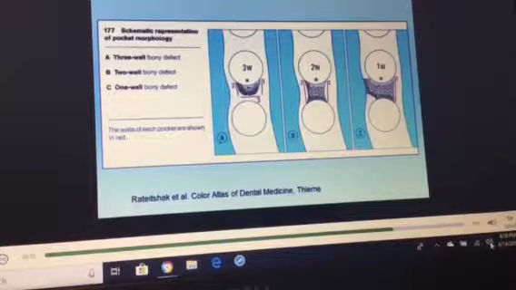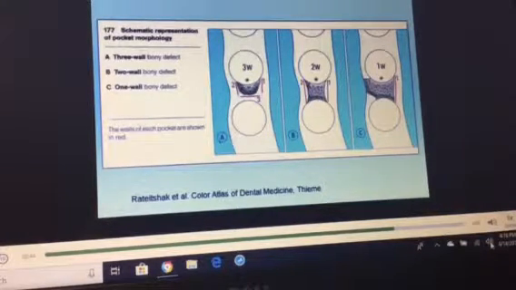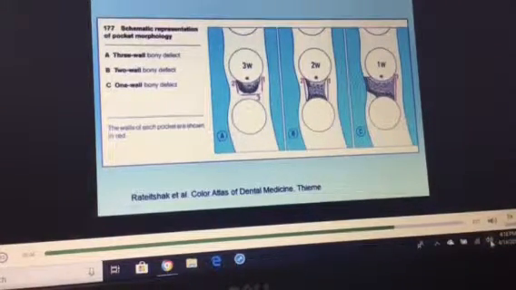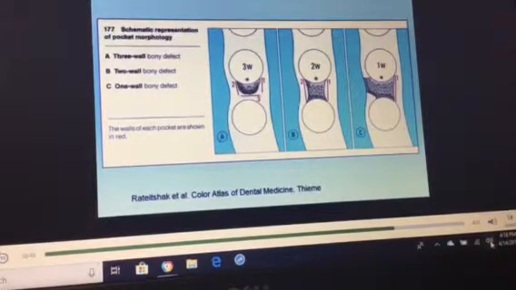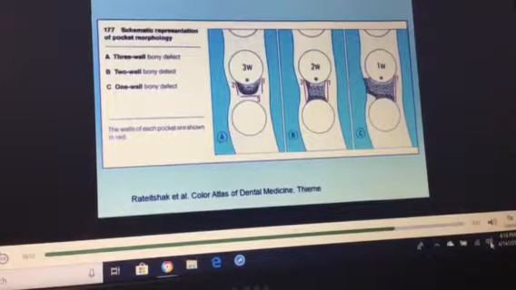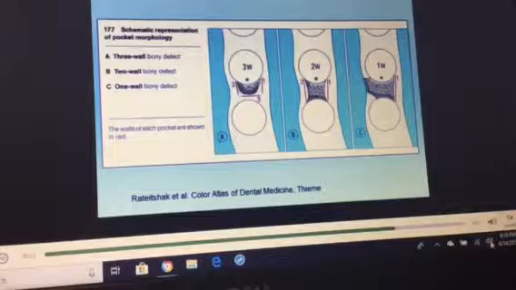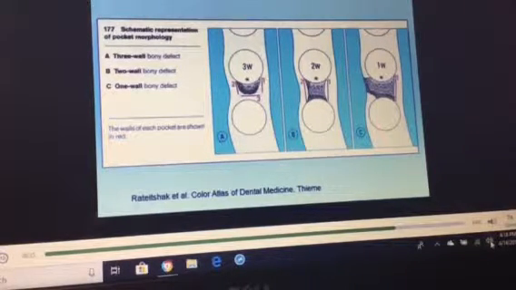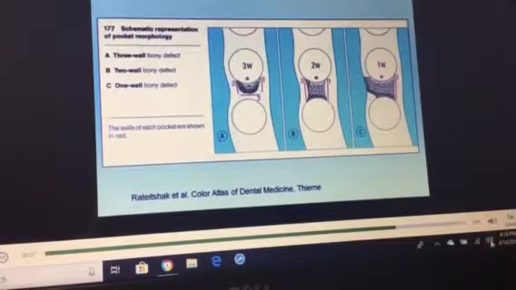And the narrower the defect, the better it is for regeneration. If you have a huge defect, it's not going to be as amenable to regeneration as if you have a really thin defect, where you can just fill it with bone and cover it with the membrane, and it will be more effective.